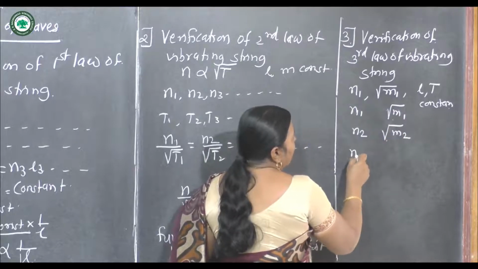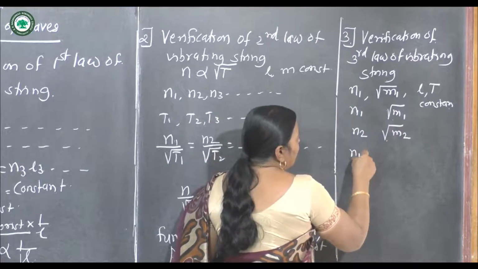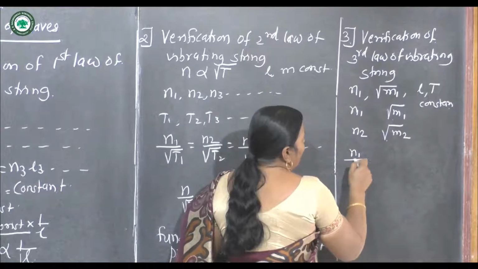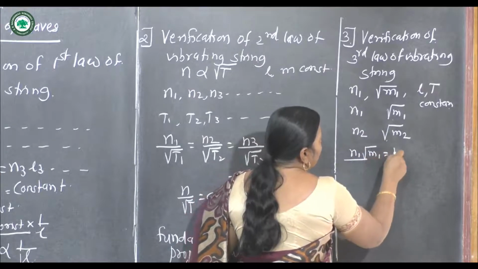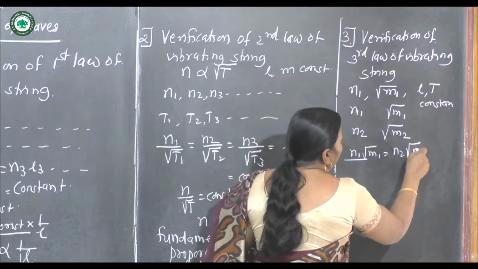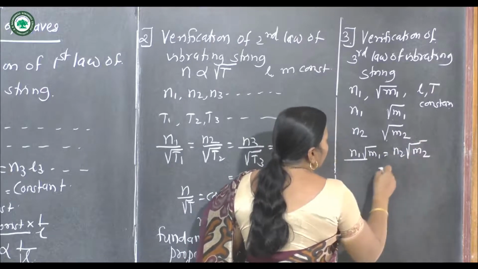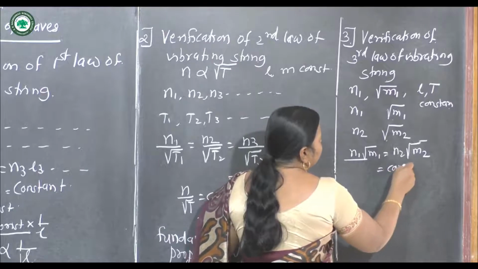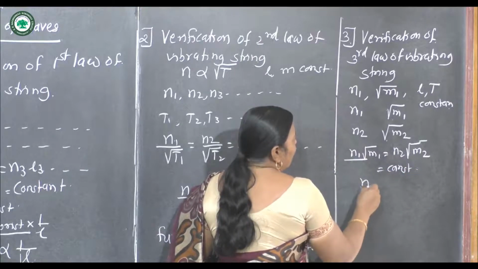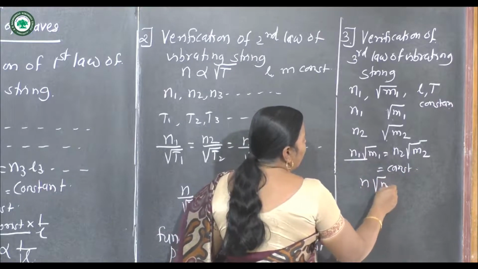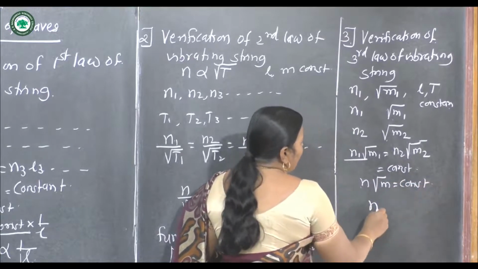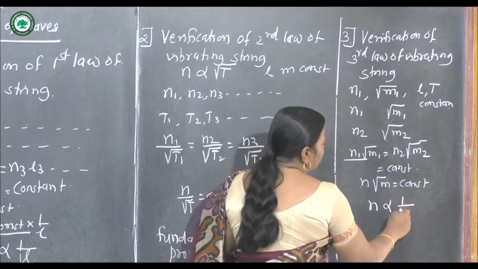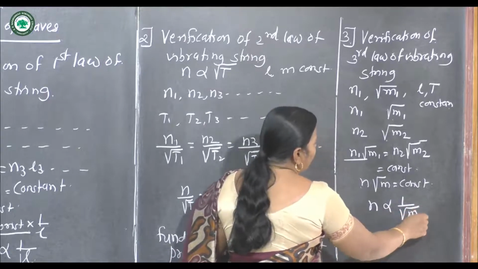Now the product N1 root M1 is equal to N2 root M2. It is constant. That is, we can say N root M is constant. Thus, N is inversely proportional to the square root of M.